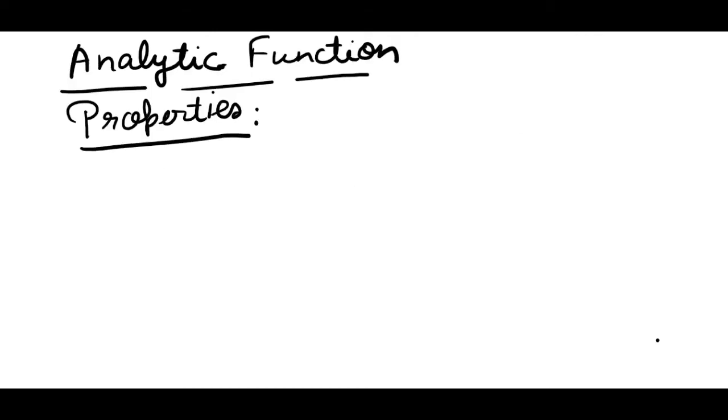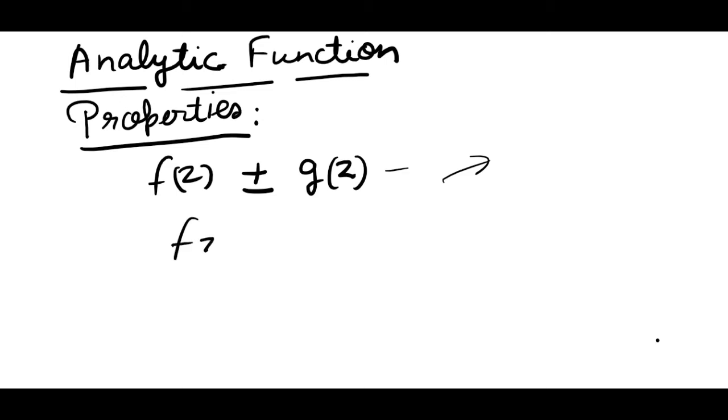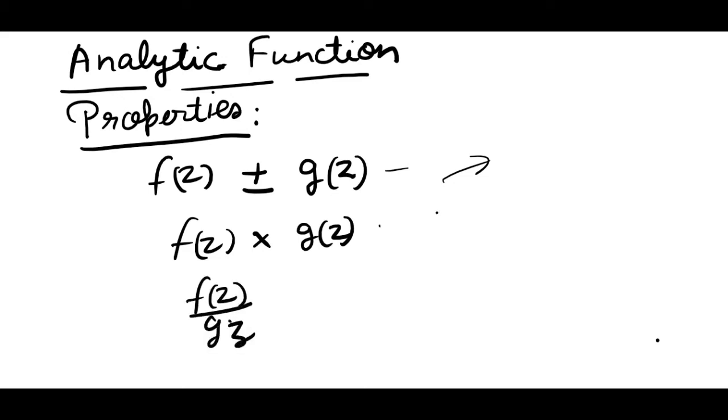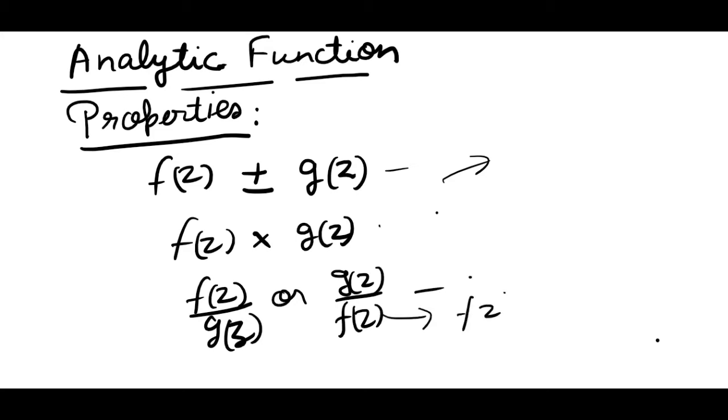Okay, so now we are going to know some of its properties. If f(z) and g(z) are already analytic, then f(z) plus minus g(z) would also be analytic. f(z) into g(z) will also be analytic. f(z) upon g(z) or g(z) upon f(z) will also be analytic, given that in this case f(z) should not be 0 and in this case g(z) should not be 0.